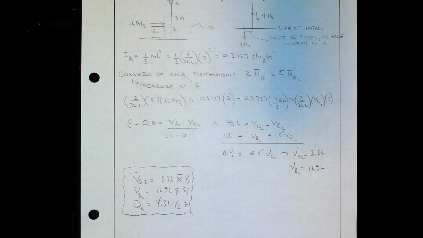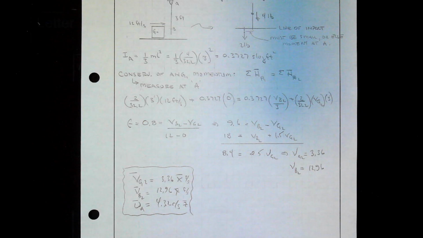So we have 2 over 32.2 for the mass, 3 feet for r, and 12 feet per second for the velocity. Here's another reason you want G to be small: you want it lined up well with this end. That's all the angular momentum at the front end.